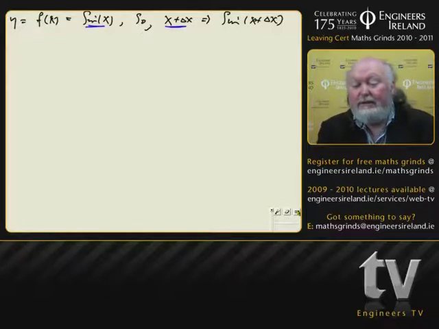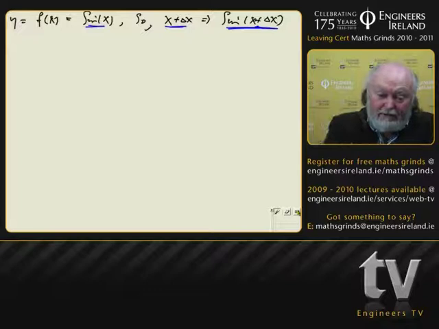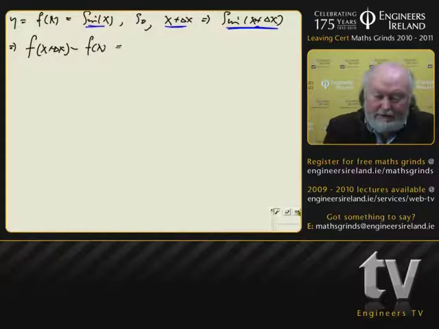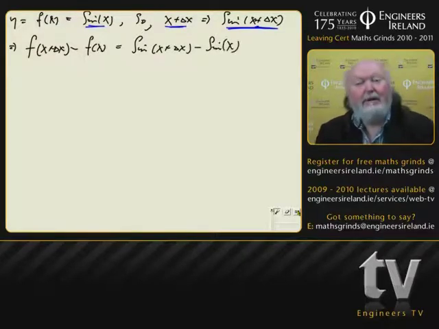When we've got x plus delta x, we've got sine of x plus delta x. We'll start by saying that implies the function at x plus delta x minus the function at x is going to now be equal to the sine of x plus delta x minus the sine of x.